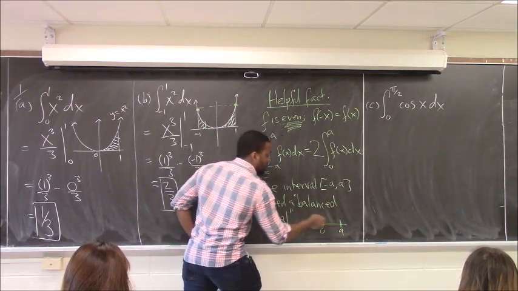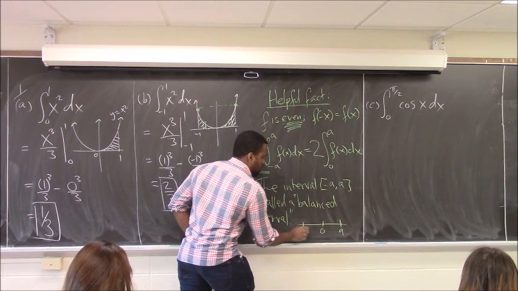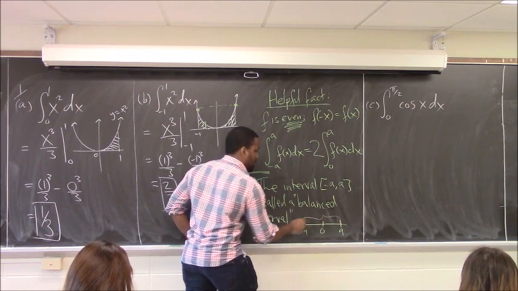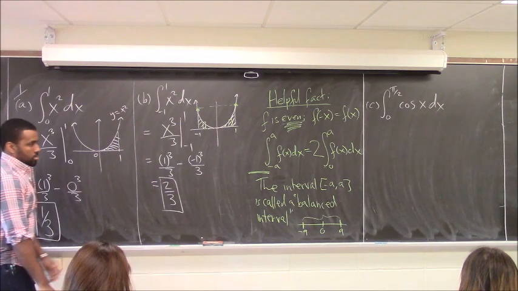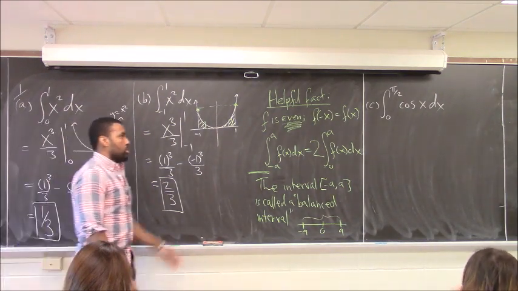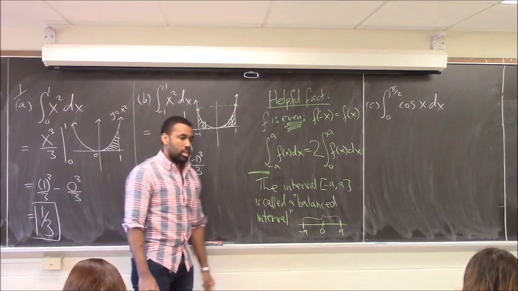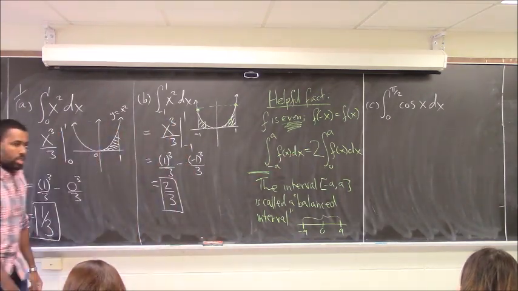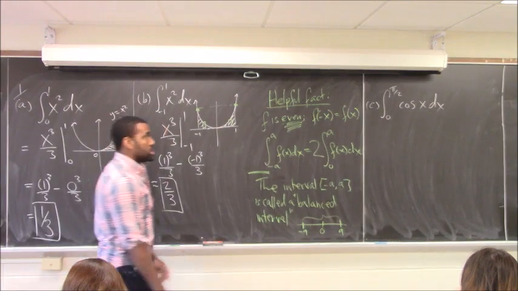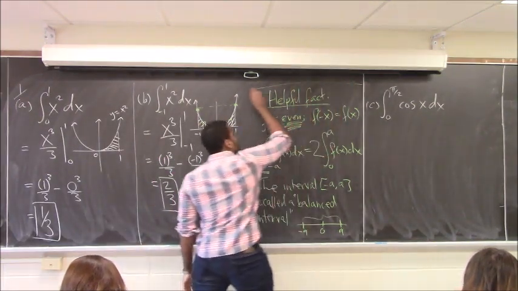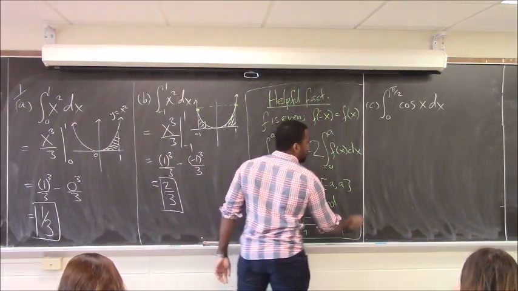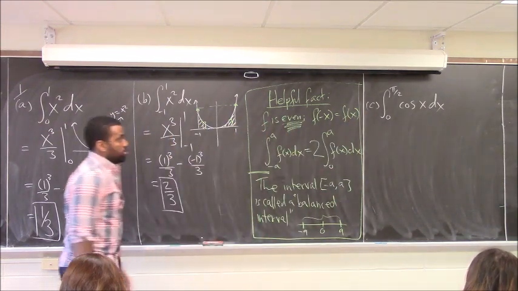The distance you are to the right of 0 is the same as the distance you are to the left of 0. So we can say if you integrate an even function on a balanced interval, it's just double the integral from 0 to a. This is something you can know in general, and it will be quite helpful to you in Calc 2 and beyond.